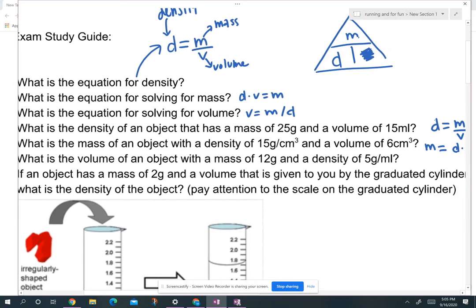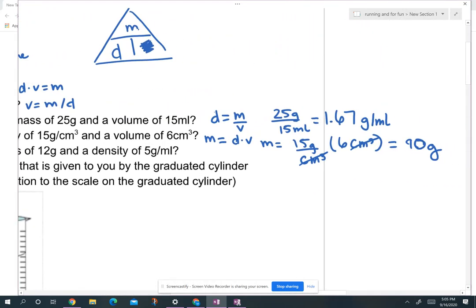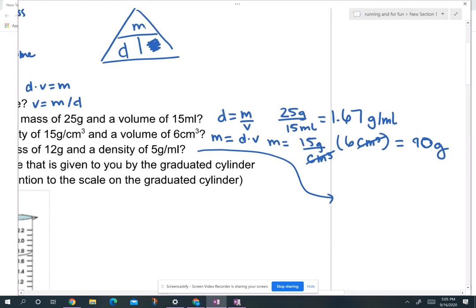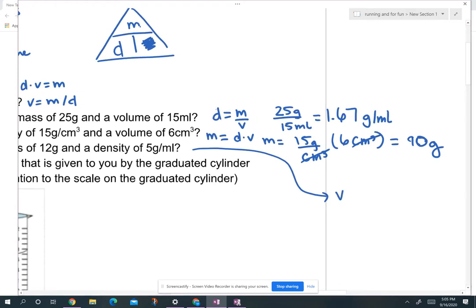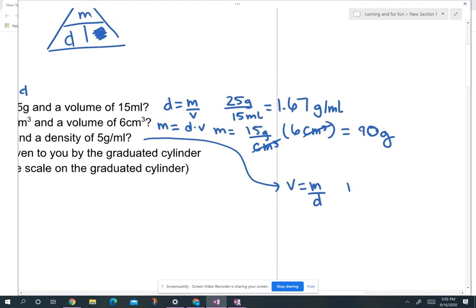Okay, next one. What is the volume of an object with a mass of 12 and a density of 5 grams per milliliter? I'm going to scooch that down over here so I have a little bit more room. As I solved before, volume is equal to mass over density. I'm going to take my mass, which is 12 grams, and divide it by 5 grams per milliliter.